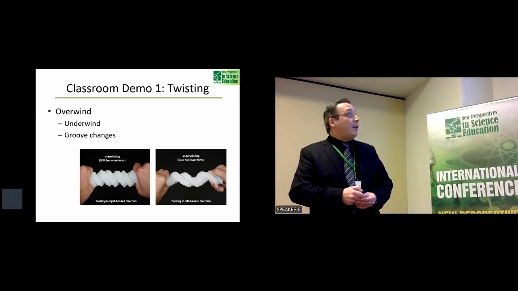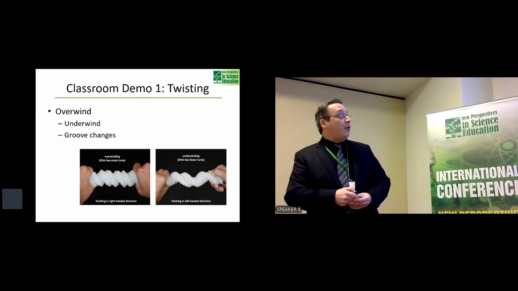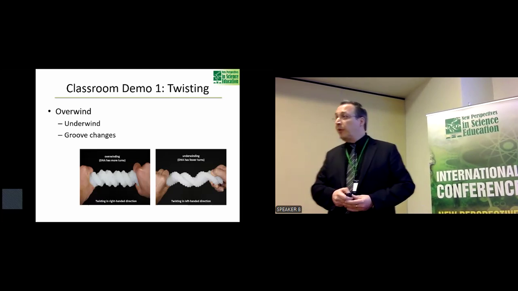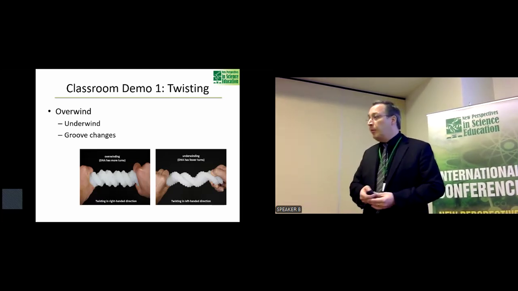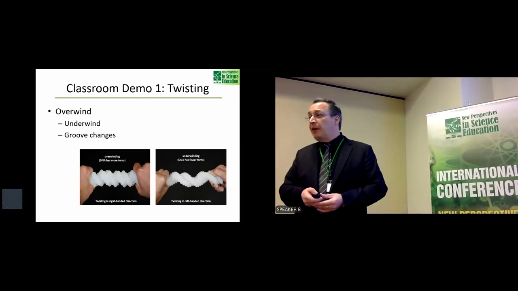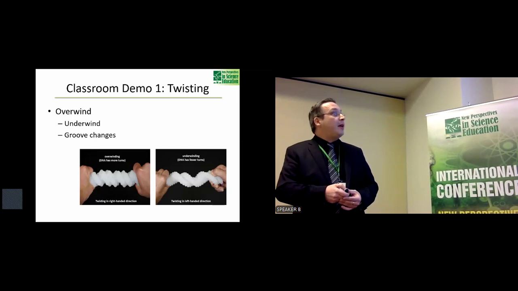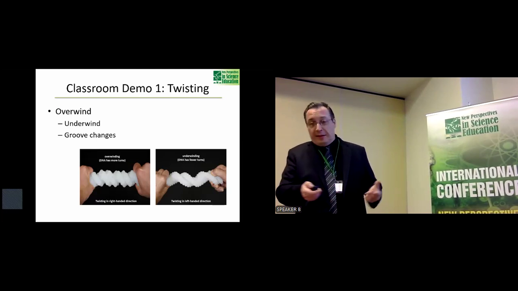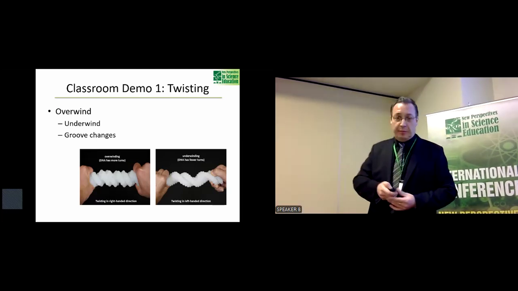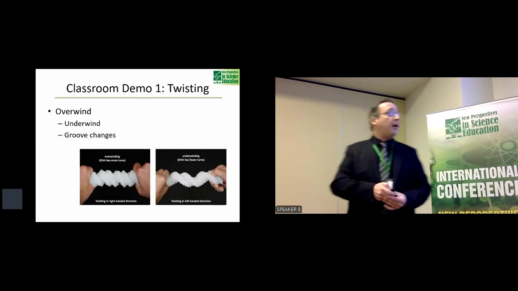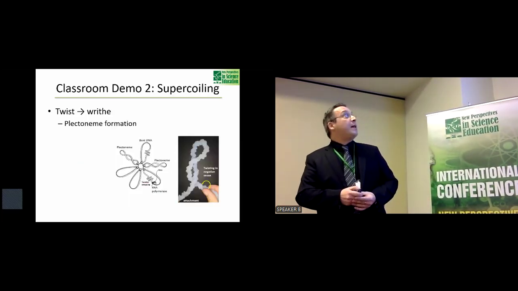And if it is tightened or twisted in a different direction, this happens when you use, for example, antibiotics to address specialized enzymes, topoisomerases, and inhibit them. And the DNA tightens, and then the process is stopped, and the cell dies. So this is another problem in supercoiling.